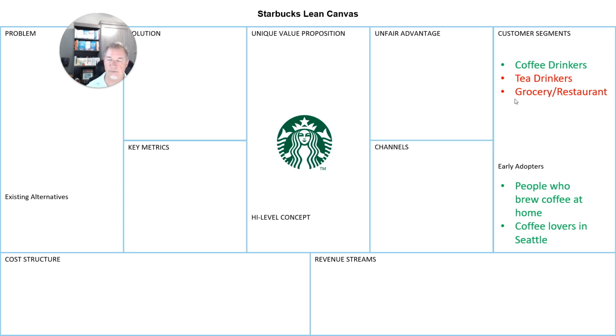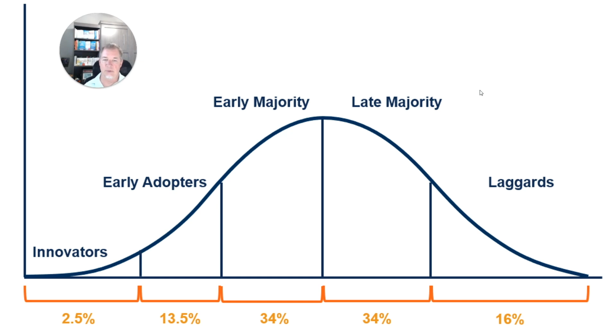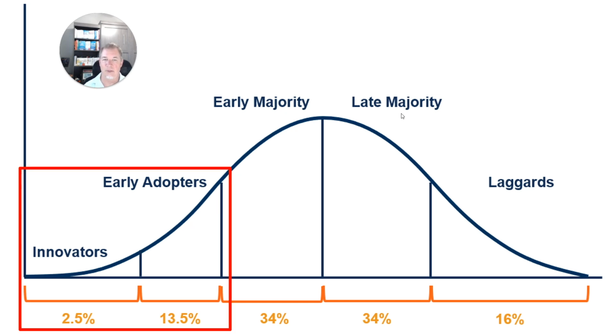Why is this so important for us to target early adopters? Well, because the majority of people in your target market are not going to buy your stuff. The only people that are going to buy your initial offerings, products, or services are in this red box, the early adopters and innovators.